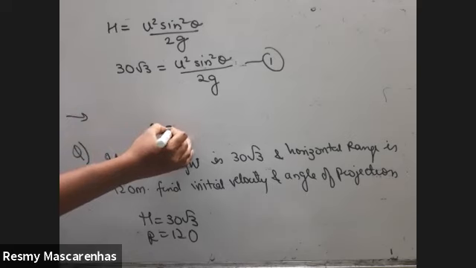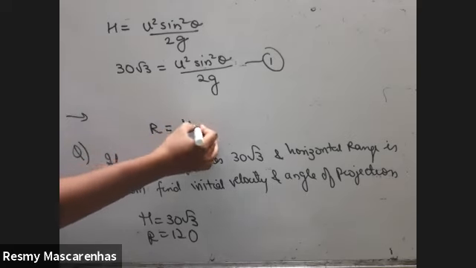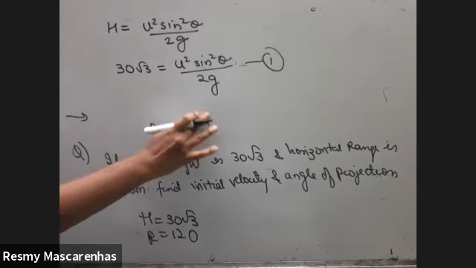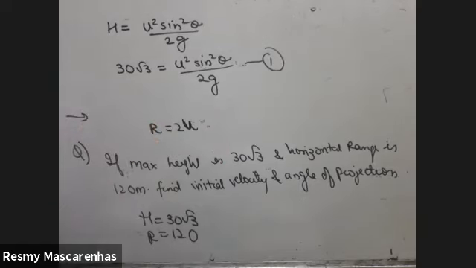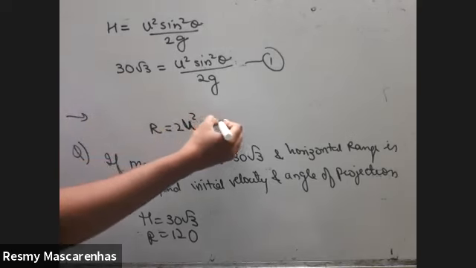Our formula we know as u square 2u sin theta cos theta over g.